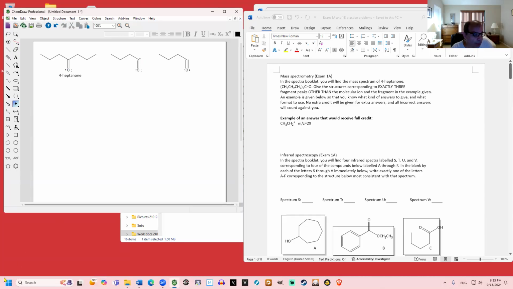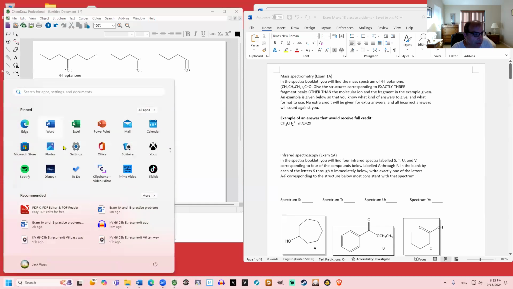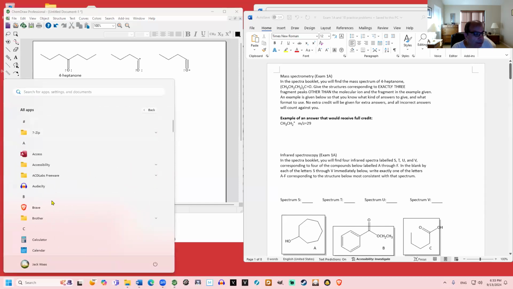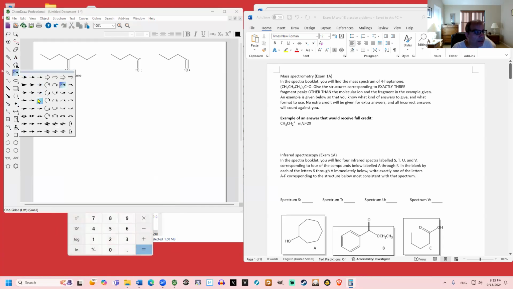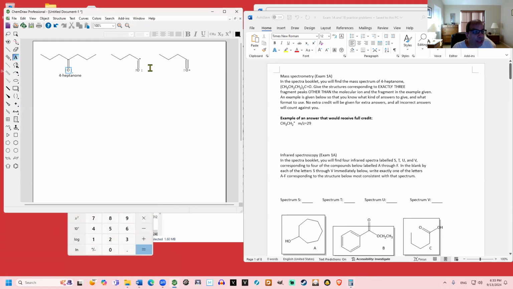I have one in my cell phone. There's, of course, one that's an app. C3, so 3 times 12, plus 7 for the 7 hydrogens, plus 16 for the oxygen. That gives 59. So whichever way you draw this, you would also need to write m over z equals 59.